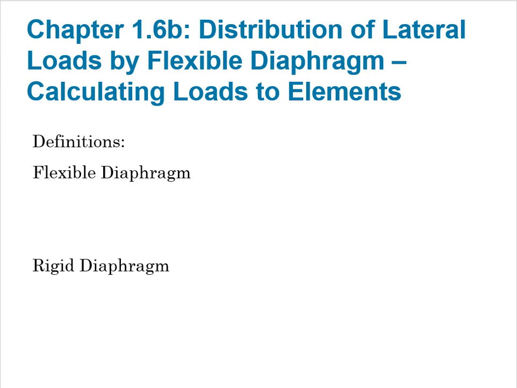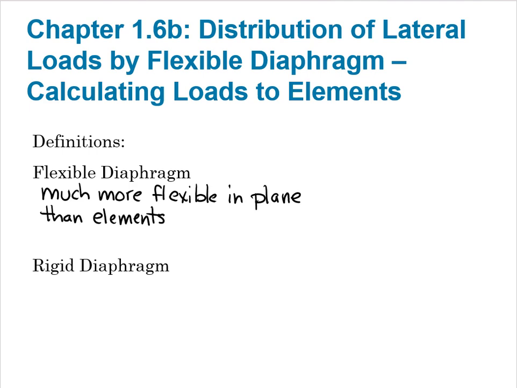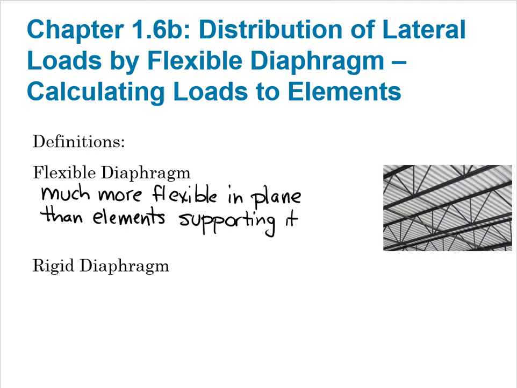Before we start, it would help to define what we mean by flexible and rigid diaphragms. Flexible diaphragms are much more flexible in plane than the lateral elements that support them. Metal deck roofs often behave this way, but it depends on the relative stiffnesses.